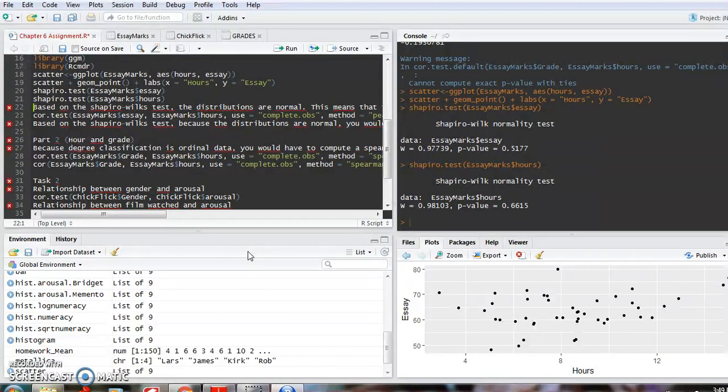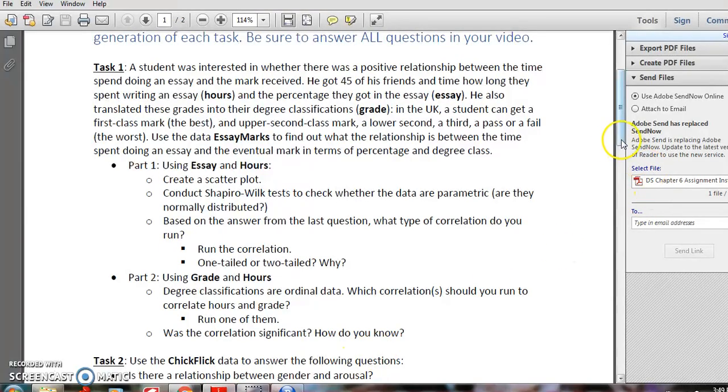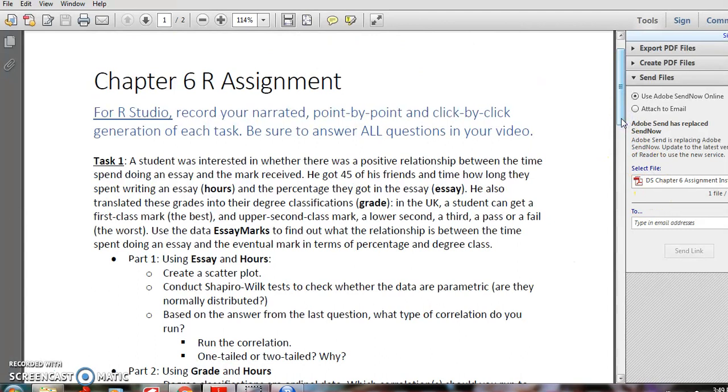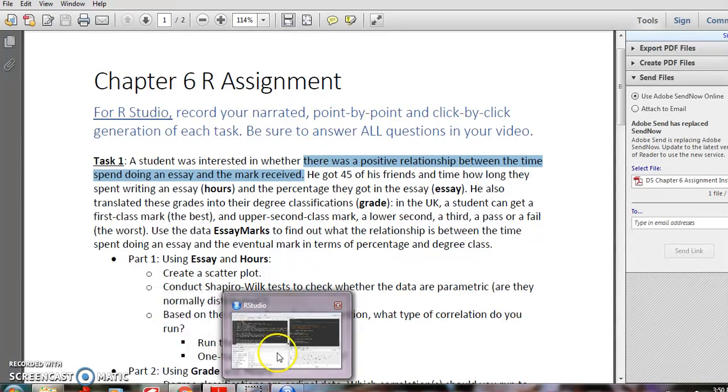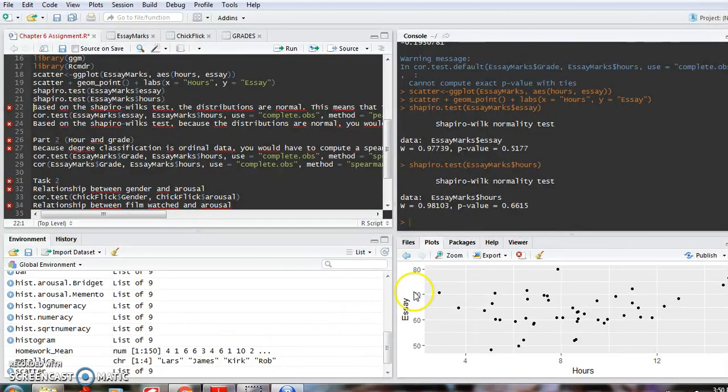If you look back at our assignment, the student is trying to test whether there's a positive relationship between time spent doing an essay and the mark received. So we have a directional hypothesis, and that's when you do a one-tailed test. If we didn't have a directional hypothesis, then we would run a two-tailed.